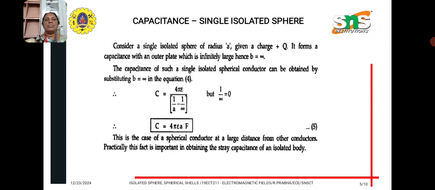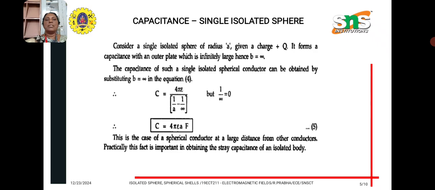So the capacitance of this type of single isolated spherical conductor can be obtained by substituting b is equal to infinity in the equation. So we get C is equal to 4 pi epsilon divided by 1 by a minus 1 by b, that is 1 by infinity. But we know that 1 by infinity value is 0. So 0 is substituted in the formula. So C, the capacitance, can be obtained as 4 pi epsilon a in farads.